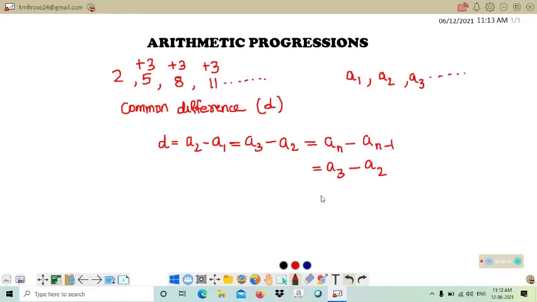See, a3 minus a2. Suppose you are giving 2 instead of n. Then a2 minus a, 2 minus 1 is 1. So a2 minus a1. So this is the general formula to find the common difference, or simply we can do a2 minus a1. So that is the common difference.